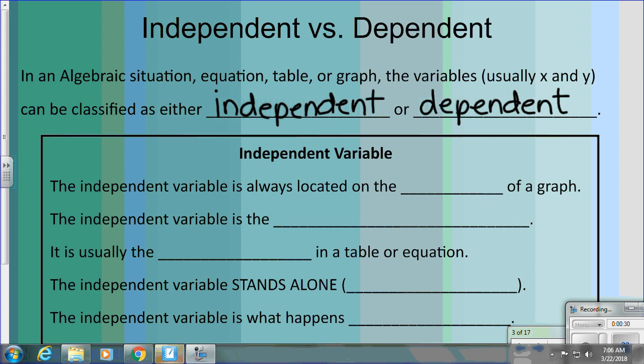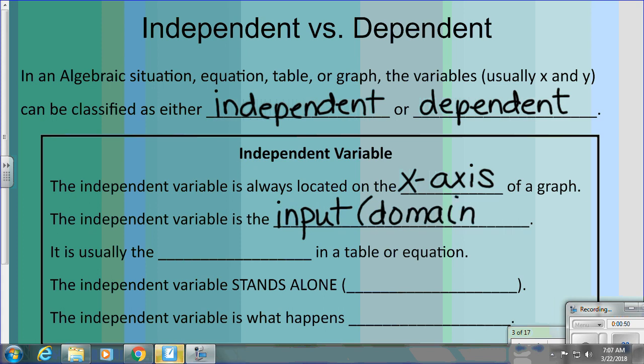The independent variable is always located on the x-axis of a graph. The independent variable is the input, that's what's going in. It can also be referred to as the domain.